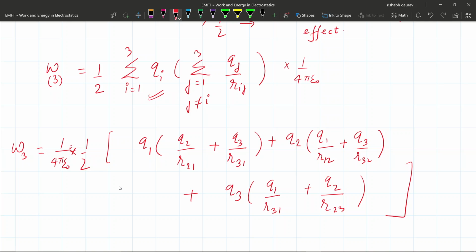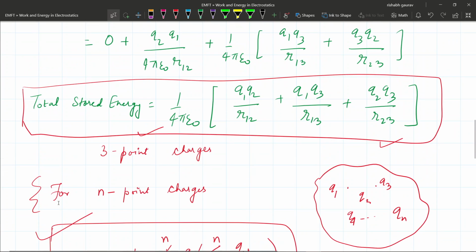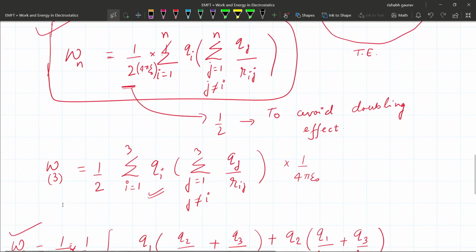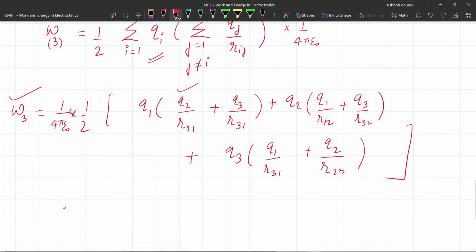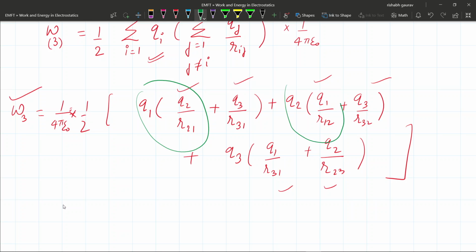Now if you compare, this is the total stored energy for 3-point charges, but as we have found out, the total stored energy for 3-point charges is given by this equation. Now this equation contains total 3 terms, but as you see here, this equation contains total 1, 2, 3, 4, 5, 6 terms. And if you observe here, there are similar terms present.